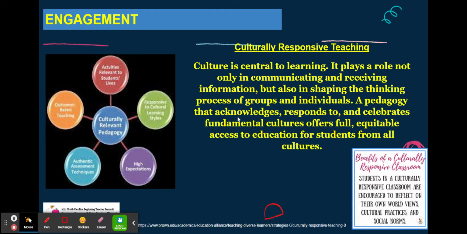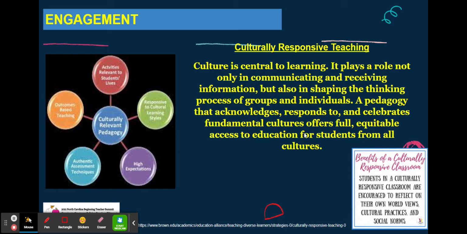A pedagogy that acknowledges, responds to, and celebrates fundamental cultures offers full, equitable access to education for students of all cultures. Then when we reflect back to our standards, we want to think about how we're creating that connectivity between our lessons and the students, the facilitation, and the cultures which they represent.